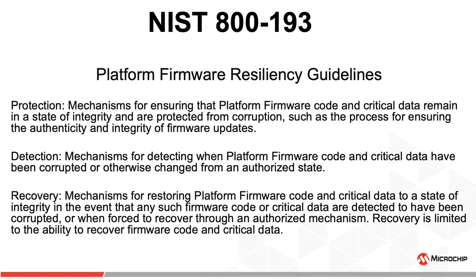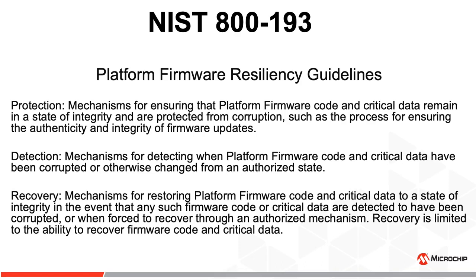So what do those guidelines entail? There are 3 tenets, and that is to protect the system, to detect when the platform code has been corrupted, and to recover. So let's talk about protection.